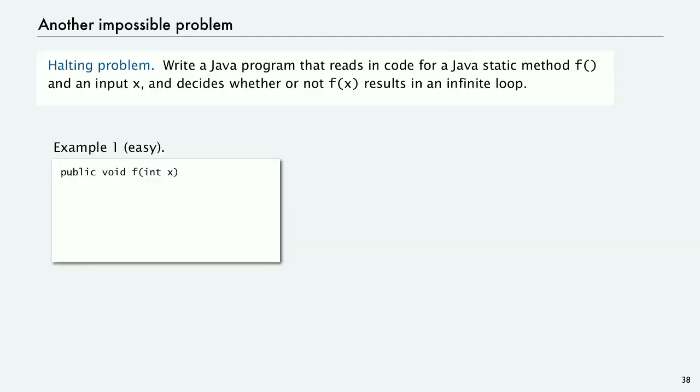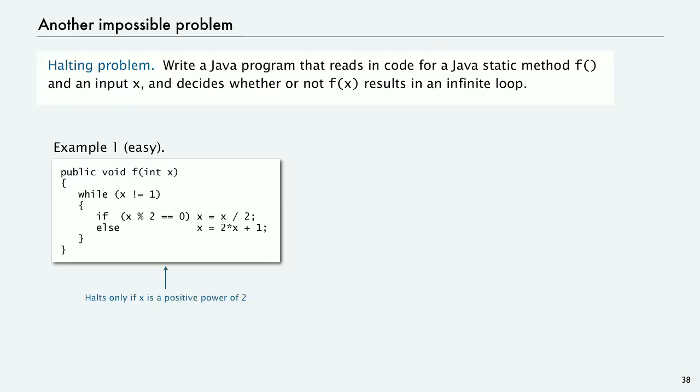So for example, let's say we had this function as input. If you study this one for a while, you can say, okay, yeah, it's going to halt if x is a power of 2, otherwise it's not going to halt. So you can convince yourself that that's the case.